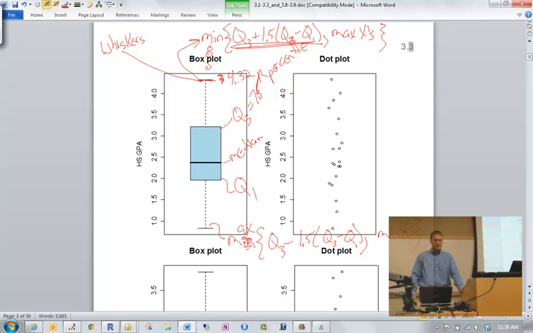Yeah, max. Now, some software packages will always draw those whiskers out to the minimum and the maximum of the x's, no matter what. So you never have any points that are represented as outliers. Other software packages will only draw those whiskers out to these Q quantities, and that's it, no matter what. R actually does a combination of the two.